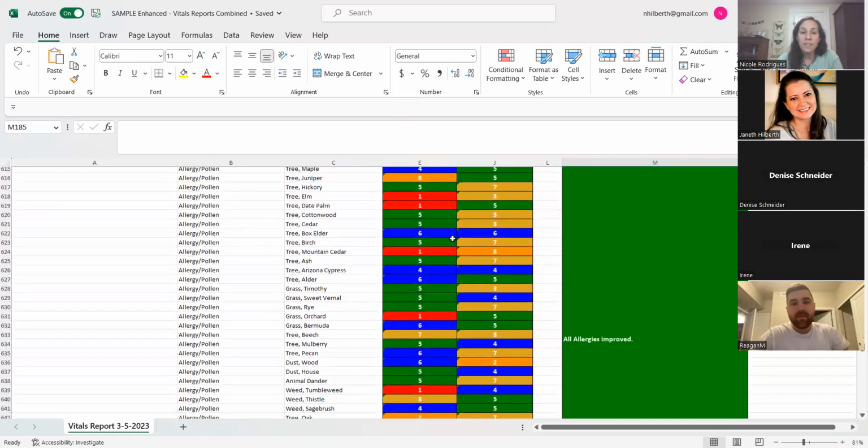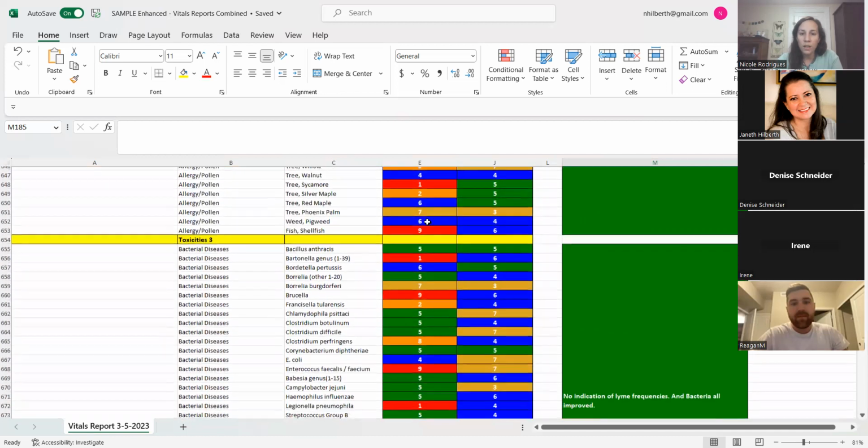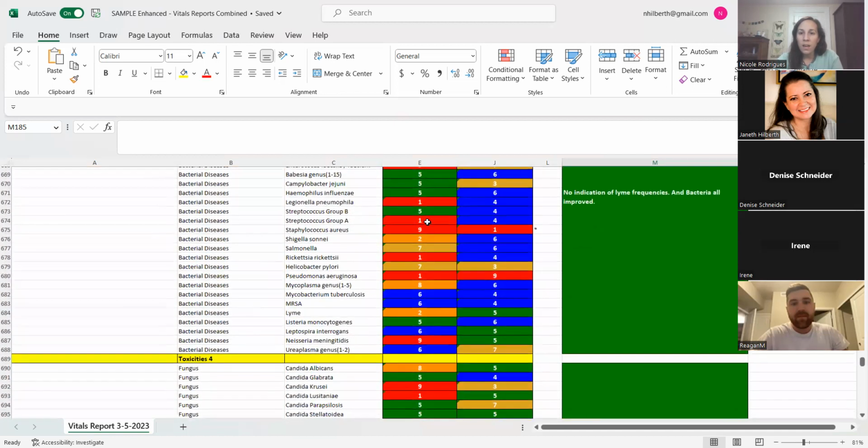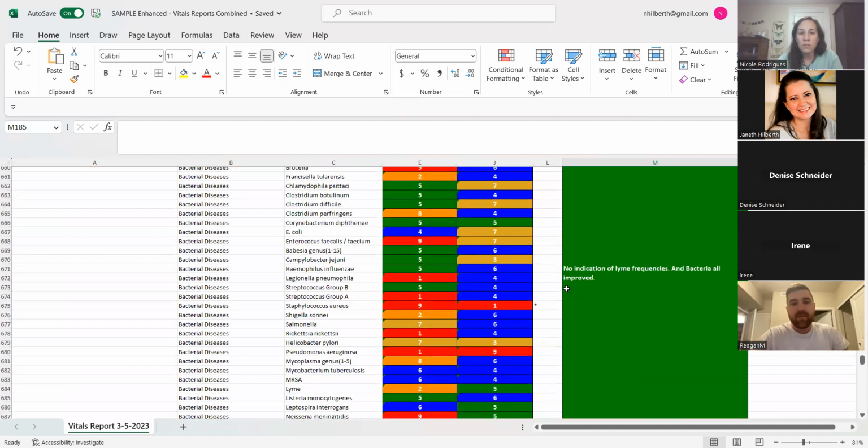Another thing that was amazing is all of these allergies and pollens all improved tremendously. And I just double checked the Lyme frequencies, and he didn't have any frequencies showing up that Lyme would be an issue for him across the 4 scans.